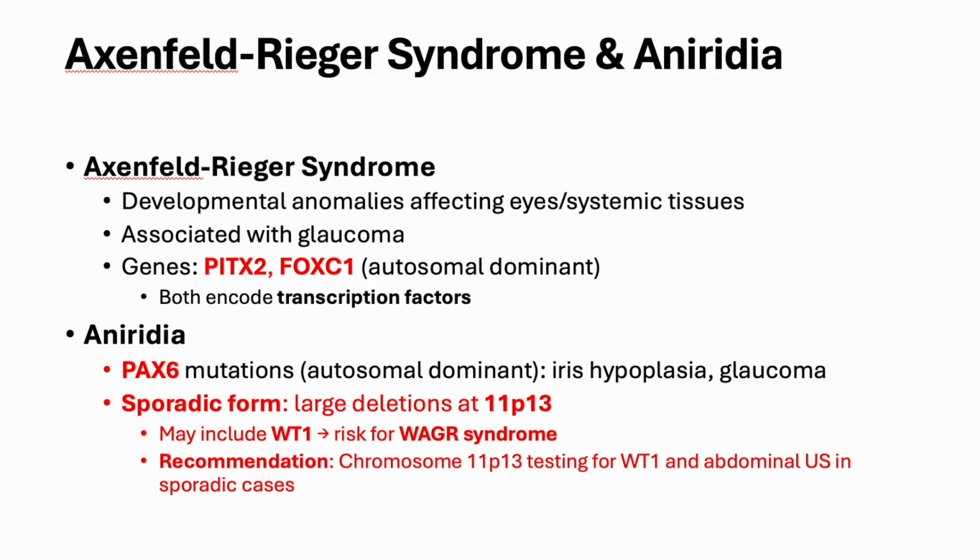Sporadic forms often involve large deletions at chromosome 11p13, which may also affect the WT1 gene, increasing the risk of WAGR syndrome. Therefore, chromosome 11p13 testing and abdominal ultrasound are recommended in these cases.